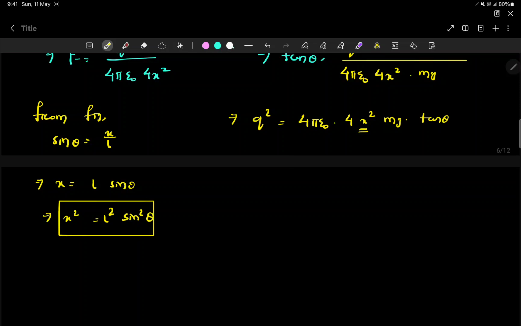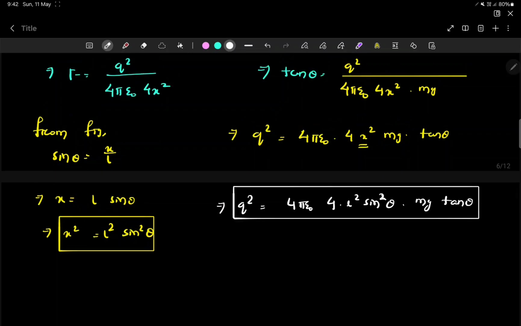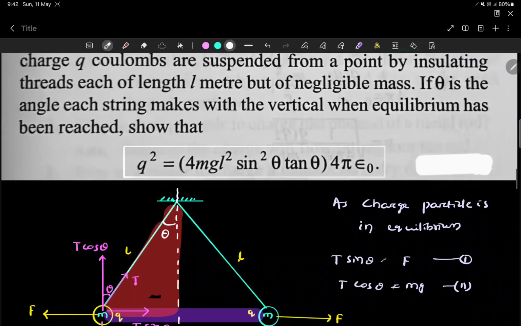Now put the value of x square. So q square is equal to 4 pi epsilon naught into 4 L square sin square theta into mg into tan theta. Hence proved. This is the term required as per the given question: 4 mg L square sin square theta tan theta into 4 pi epsilon naught. Kindly arrange it properly. And q value will be the square root of the whole term.